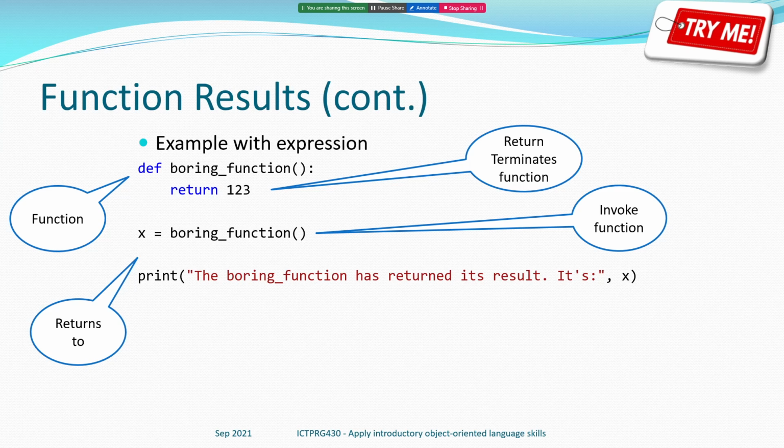Now, you wouldn't define a function with just a static variable like that. You might as well just use a straight variable equals. But it's just providing an example of how the return function will provide a value outside of the function.